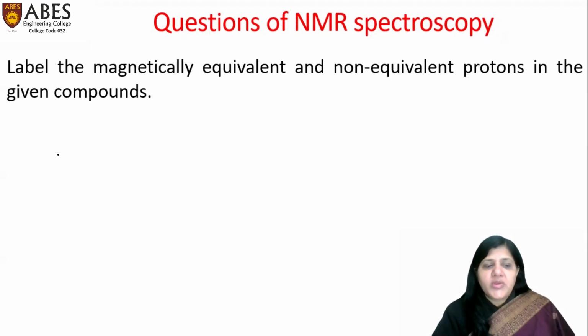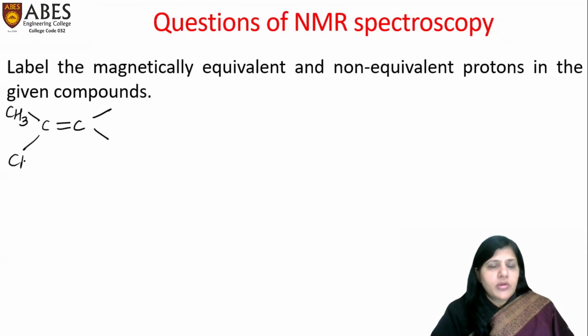Now let's take some questions on magnetically equivalent and non-equivalent protons in NMR spectroscopy. We have this unsaturated molecule. This molecule has two sets of protons. Methyl protons represent A and these hydrogens represent the B set of protons.